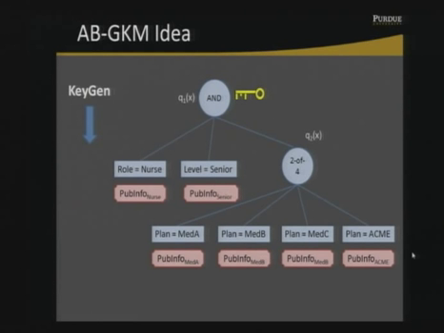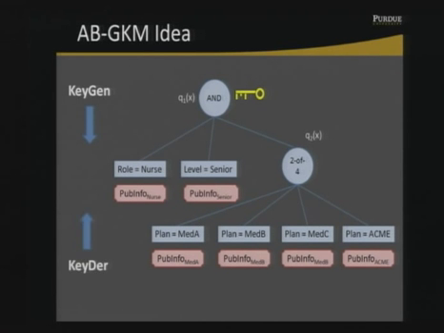So in the key generation, what we do is we follow a top-to-bottom approach where we assign the actual group key to the polynomial assigned to the root node, and then we do a top-down computation, which I'm not going to go into detail. What it does is it propagates this actual group key down to the leaf nodes.